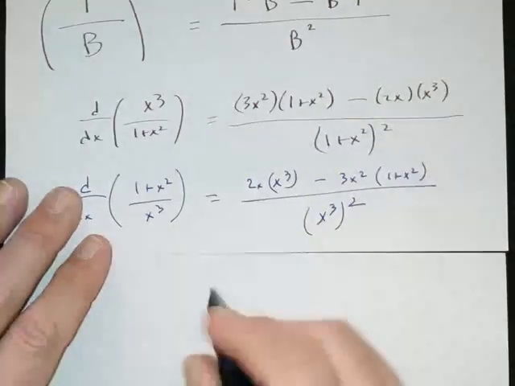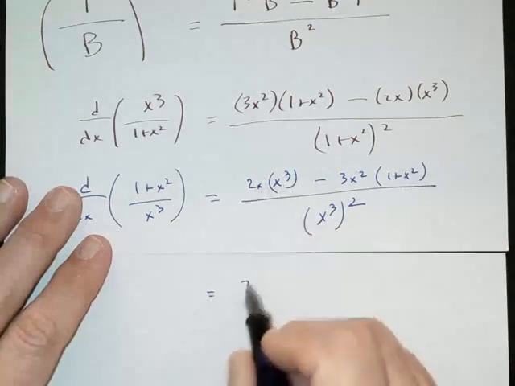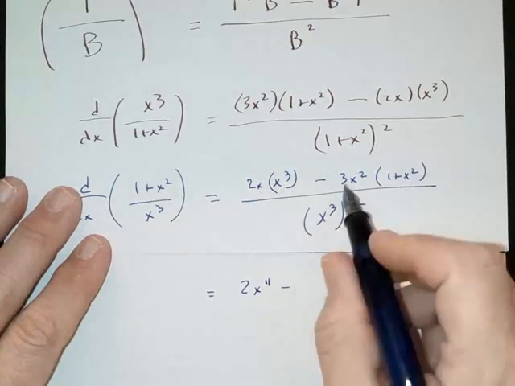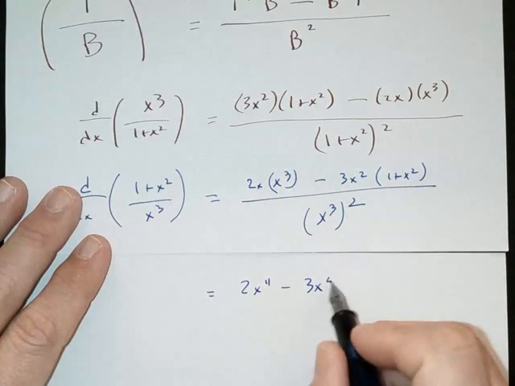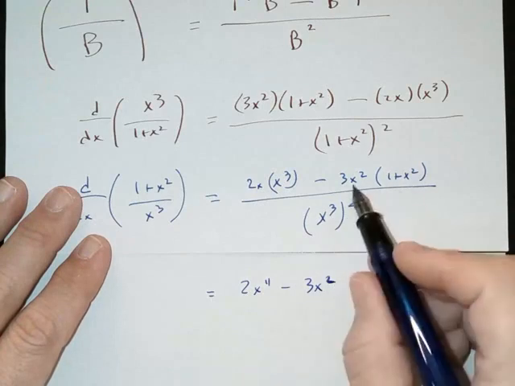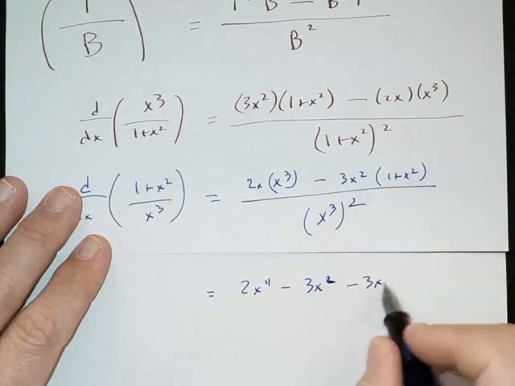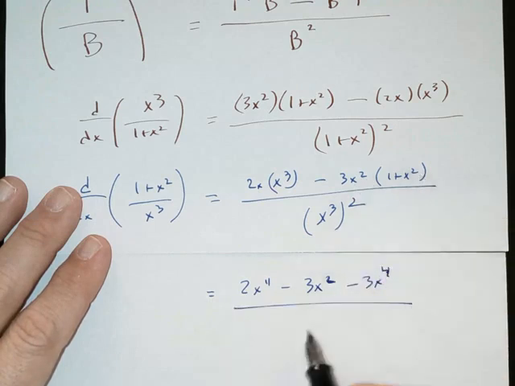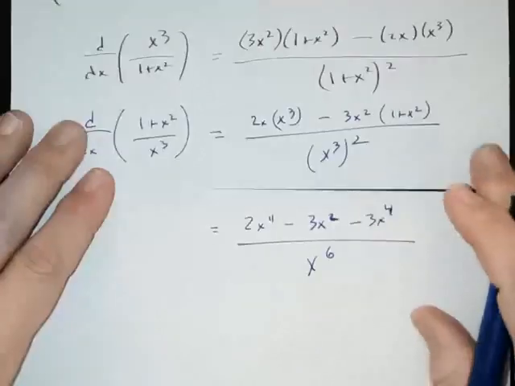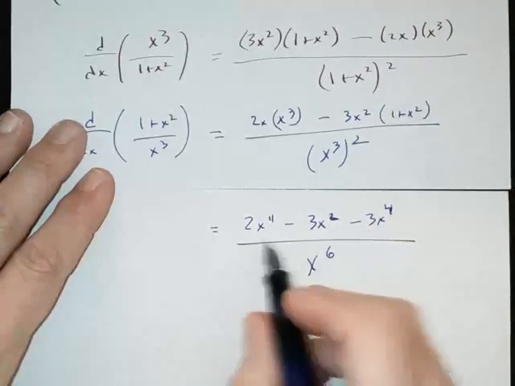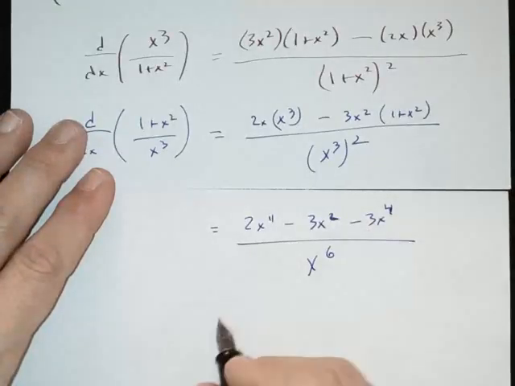If I multiply this out on the top, I get 2x to the fourth minus 3x squared. Oh, and then minus another 3x squared. Wait, that x cubed squared is x to the sixth. What's on the bottom? X to the 6. Notice I have two different things that are x to the fourths. So I'll do the subtraction.